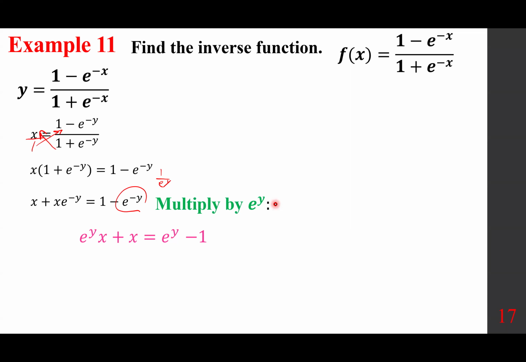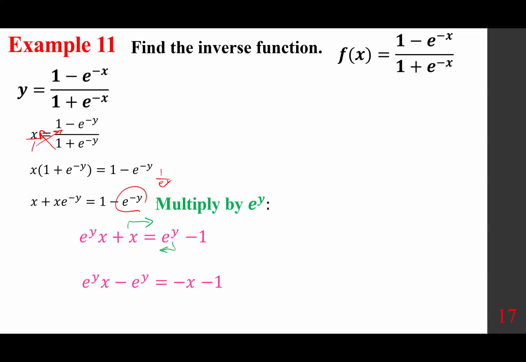We are solving for y, so we are going to get anything involving y on the same side. I move this one this way, this one that way, and they change the sign.